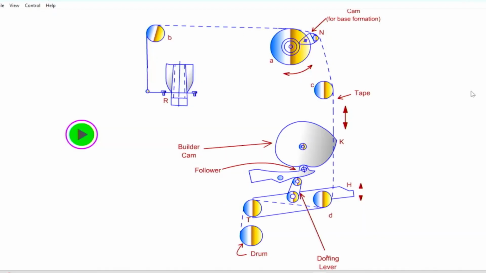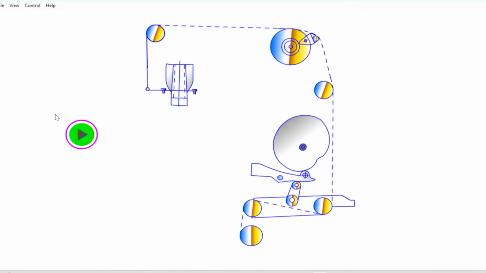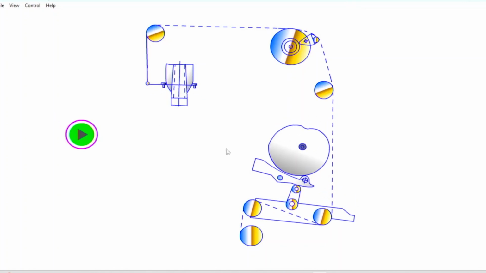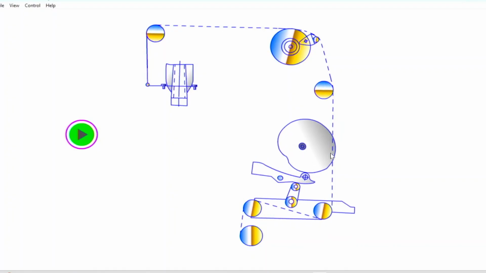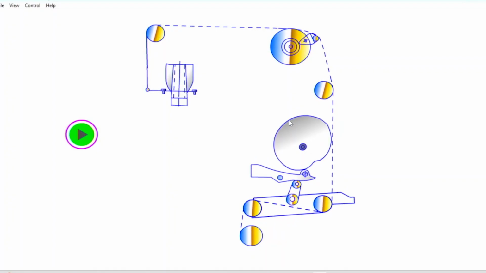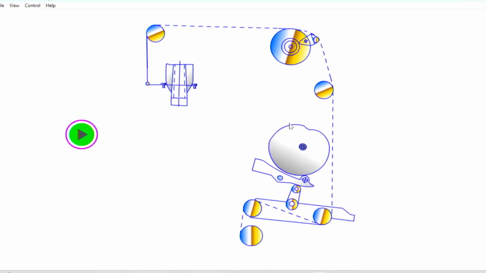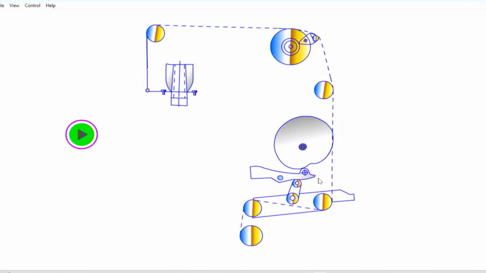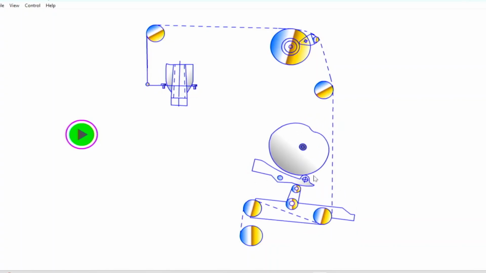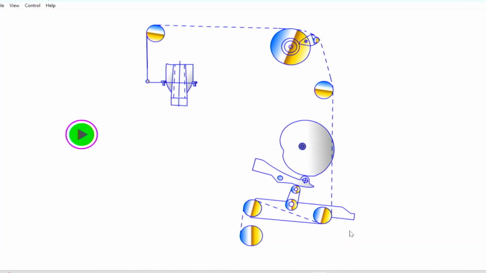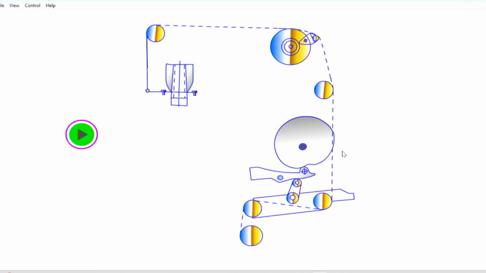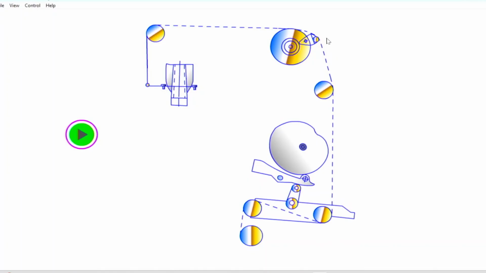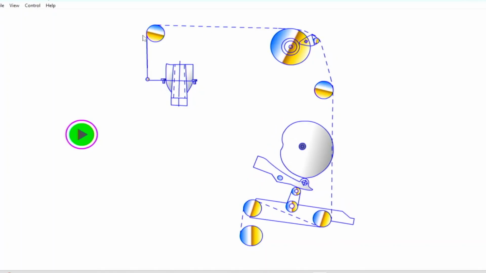So, here is the animation for building motion of ring spinning. Now, let us see the animation. We can see the cam rotates in the anti-clockwise direction, and using the cam's motion, it pushes this follower, the lever, downward.